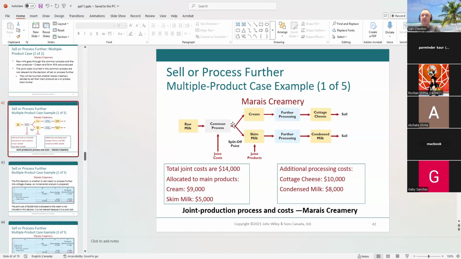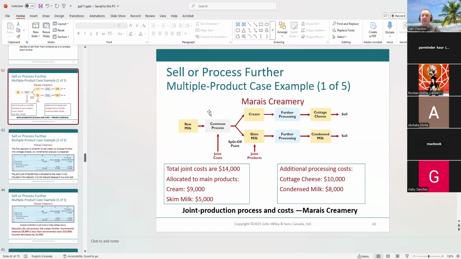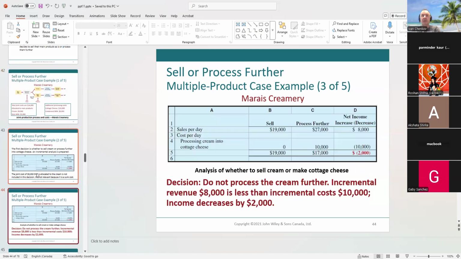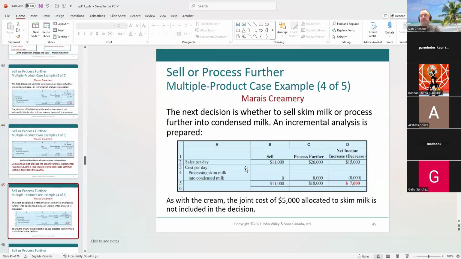The other one, the skim milk. Now, skim milk, I can process it and make condensed milk. If I make condensed milk, it's going to cost me $8,000. Now, let's see how much more I can sell it for. For the condensed milk, at this point, I can sell it for $11,000. If I process it further, I can sell it for 18.